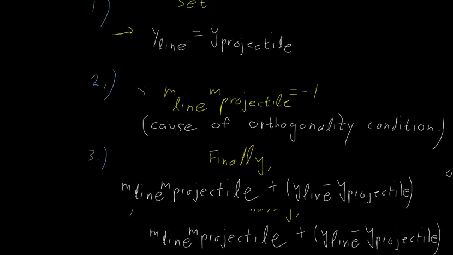When you have anything that is orthogonal to some curve, some sort of orthogonality condition, you take the product of both slopes, the slope of the line and the slope of the projectile. Orthogonality condition. Now that's key, because if the target line has a positive slope, then the projectile must hit with a negative reciprocal slope.